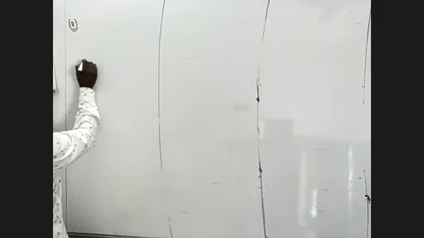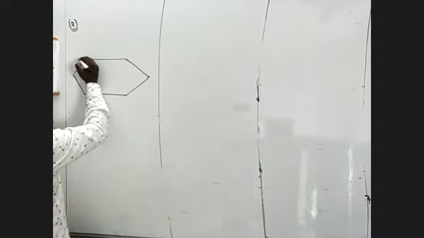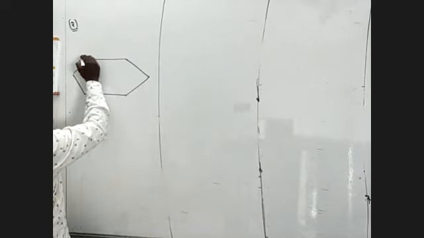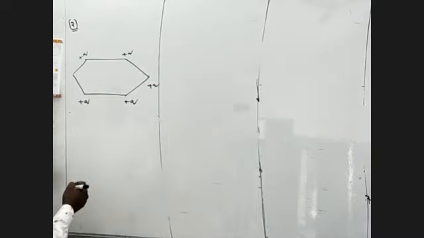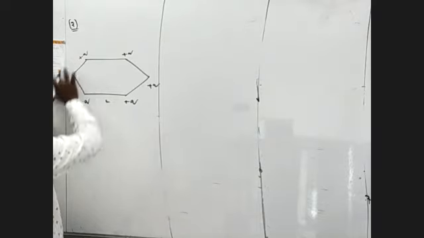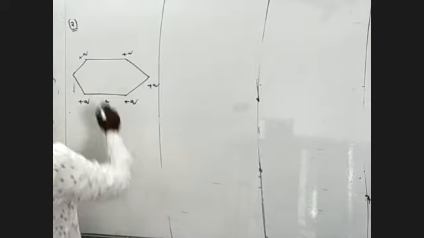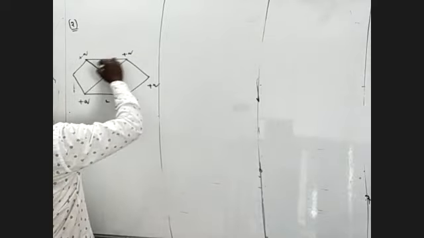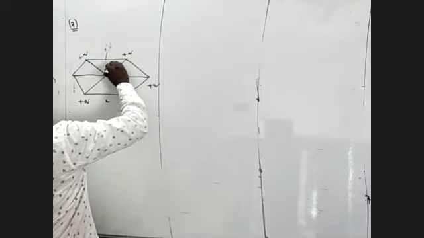This is a hexagon. 5 positive charges are placed on the 5 vertices of a regular hexagon. Side length is L. The magnitude of force on a charge of minus q placed at the center of the hexagon. Minus q is placed at the center.